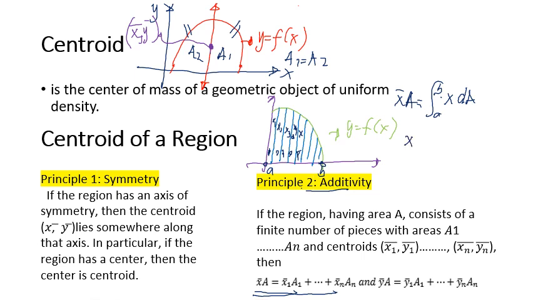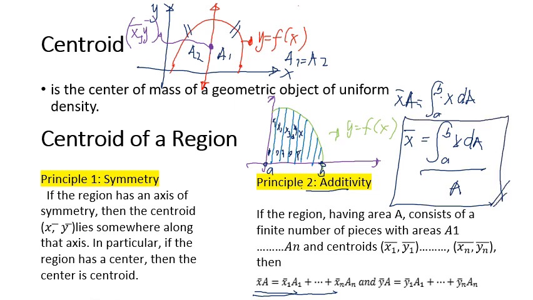Or to get the x bar, this is equal to the integration of x times dA from a to b, all over A. This is how you get the constant value for the x bar of the centroid, the distance of our centroid in terms of the x value. Now, let's move on to the y.